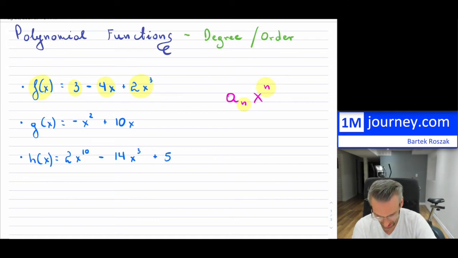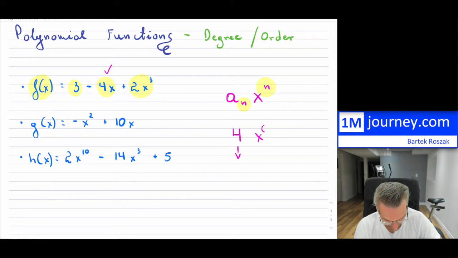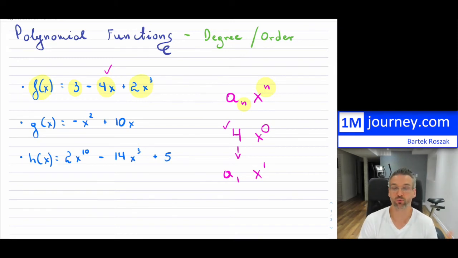For instance, if I take this 4x, what it means is that my exponent here is 1. So my a of 1 is this 4, and then it's being multiplied by x to the power of 1. But in math, we drop the 1 because we know that it has just an exponent of 1. So that would have been one particular power term, and that has an order of 1, or a degree of 1.